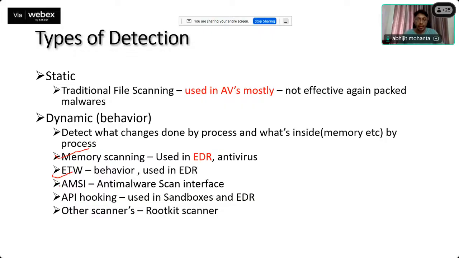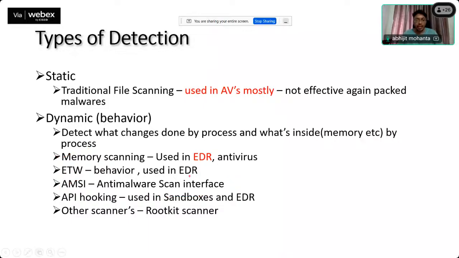Next is AMSI. AMSI stands for Anti-Malware Scan Interface. This is a technology used to deal with malwares which are created using the default Windows scripting languages. For example, your PowerShell malware, your Microsoft Word macro malwares, JavaScript malwares, and VBScript malwares.